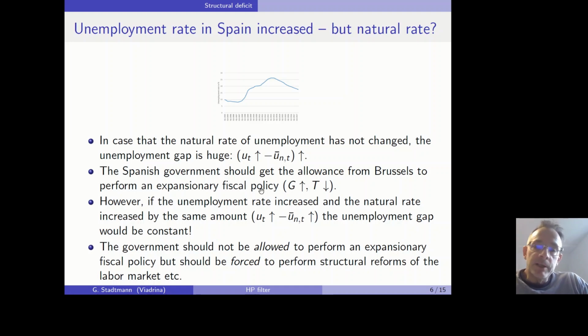And of course, there are discussions going on between Madrid and Brussels, between the capital of Spain and the EU, because the Spanish government wants to perform an expansionary fiscal policy, while Brussels is a little bit more skeptical, and they ask the question, hey, isn't it the case that the natural rate of unemployment has also increased, and therefore you should not get the allowance to perform this expansionary fiscal policy?